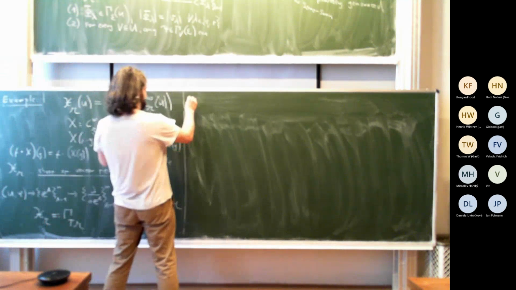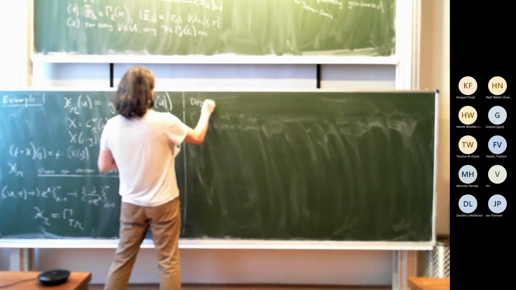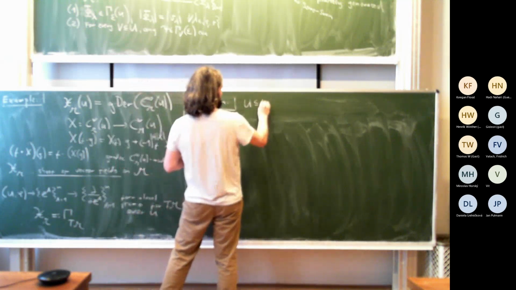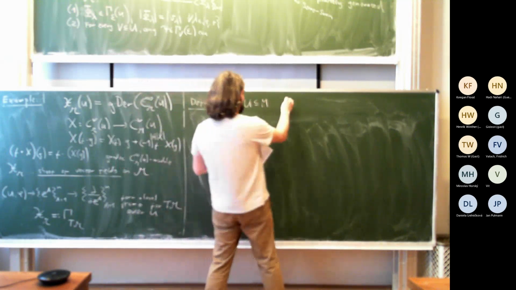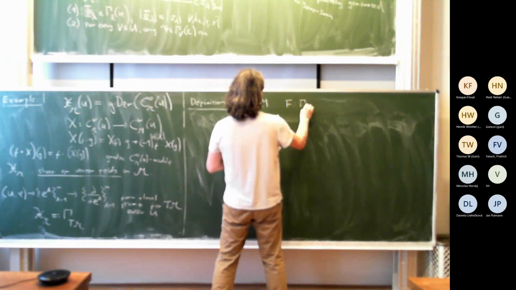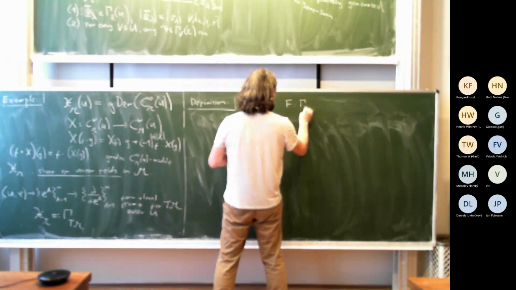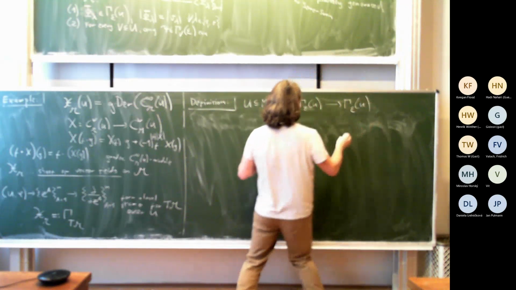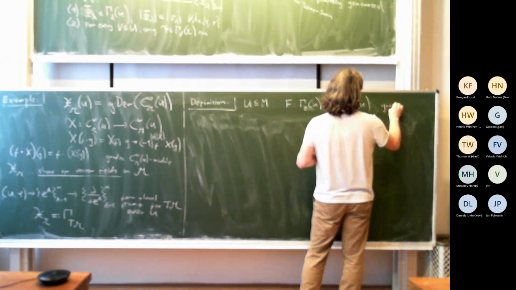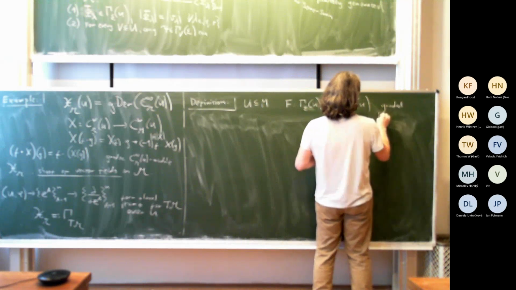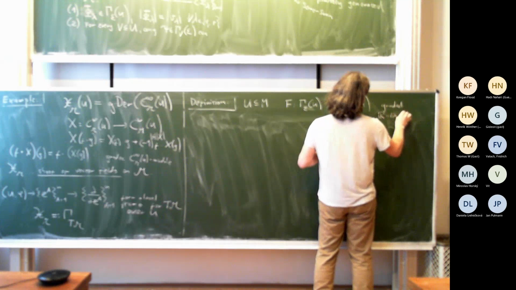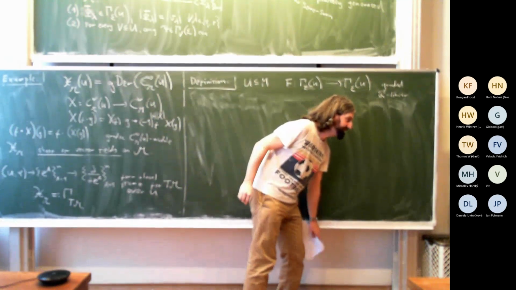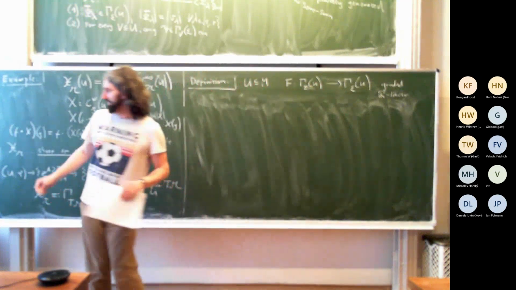So what is the definition? I have some open subset U of M, and I have some map F which goes from sections over U to sections over U. And this map is graded R-linear, just for simplicity, I assume that it's a linear map of graded vector spaces.